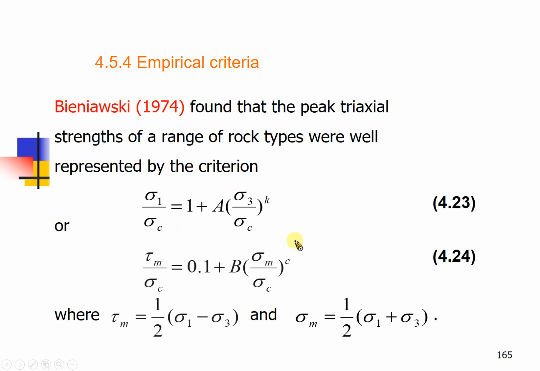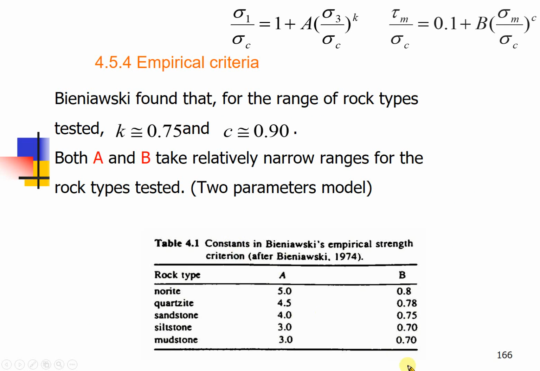So sigma c is not really a big deal, but sigma c is very important. But it is easy to obtain. For rock mechanics, sigma c is one of the most important parameters. Okay? And Bieniawski gave you some guidelines about A and B here.